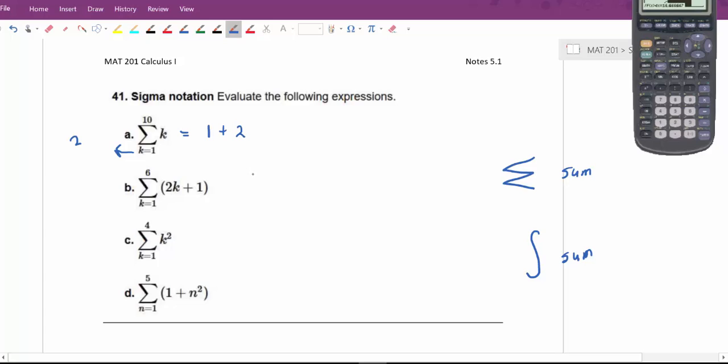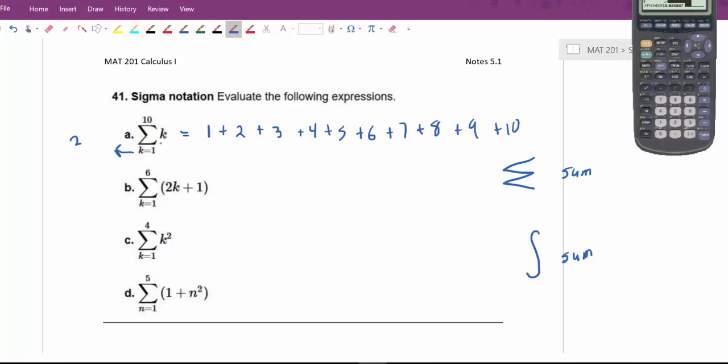Then the counter goes to 3. Then it goes to 4, 5, 6, 7, 8, 9, and then it stops at 10. So that's an abbreviation for that sequence of numbers. K is changing from 1 to 10. Then you could add that up and you could get the answer.